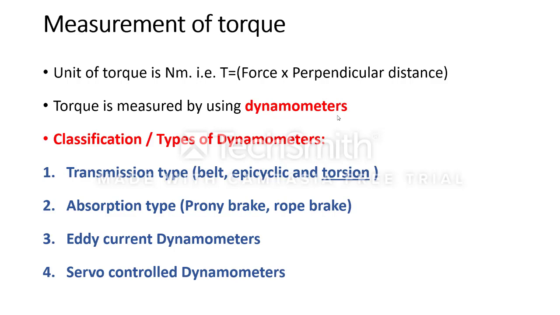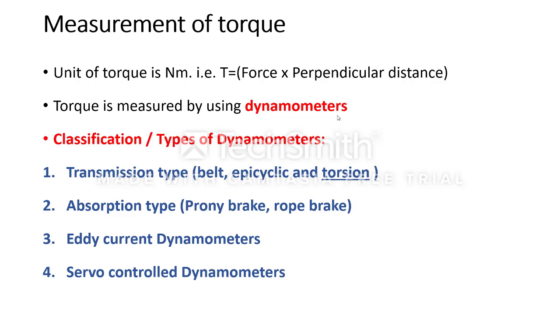The function of a basic dynamometer is to measure the absorbed power. So whatever power is absorbed during the experiment or during the reading, it measures that power from the absorption point of view. It can measure the friction power also by knowing frictional resistance.